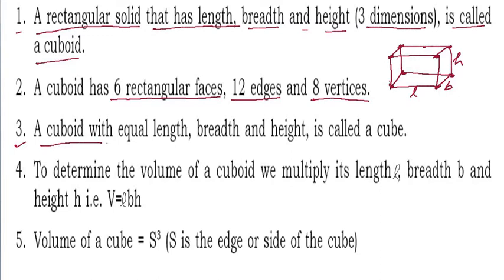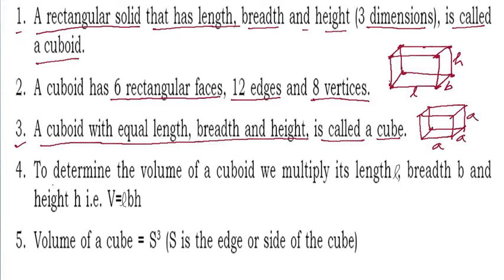Now come to the third. A cuboid with equal length, breadth and height is called a cube. In a cube, you can say all the sides, length, breadth and height, are equal. So you can write like this one, this one, this one, this one. So all sides are a. Now, to determine the volume of a cuboid, we multiply length, breadth and height.